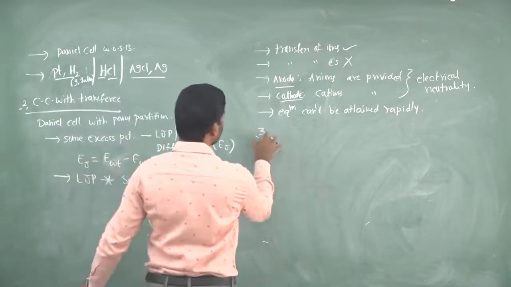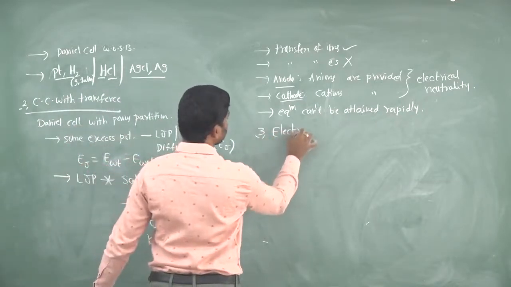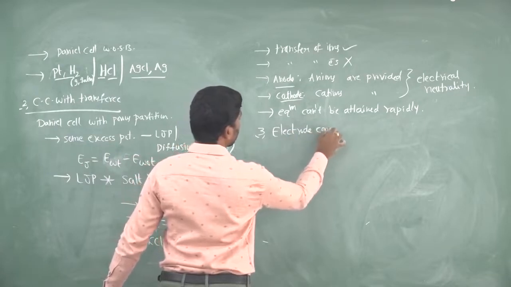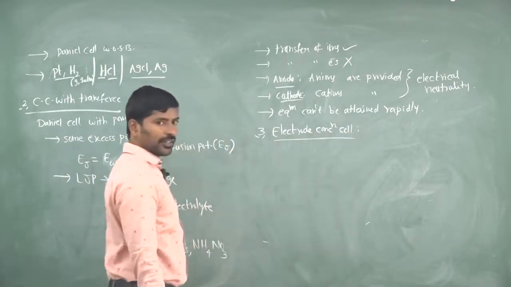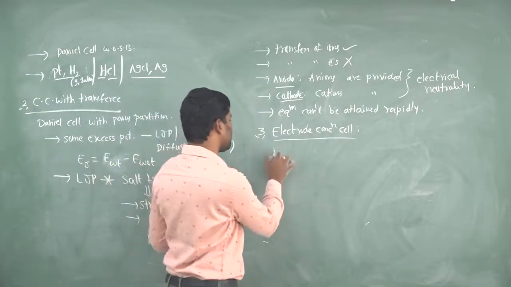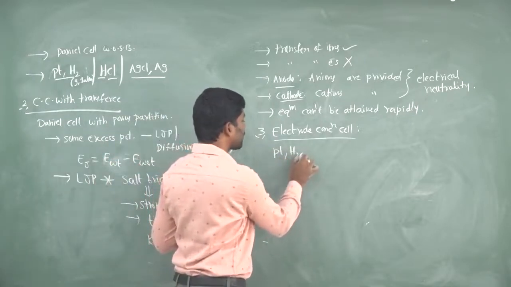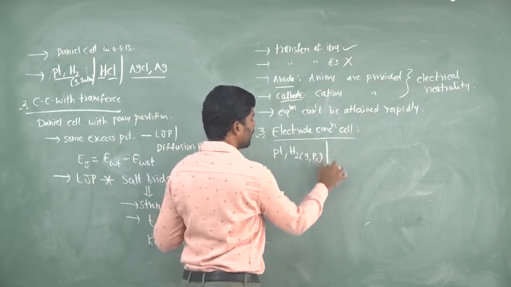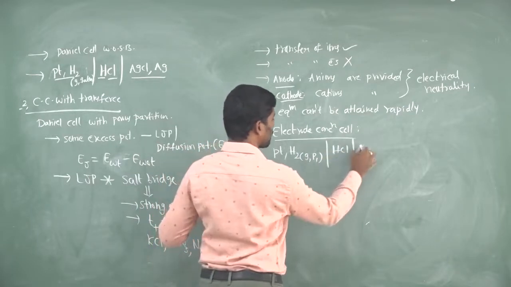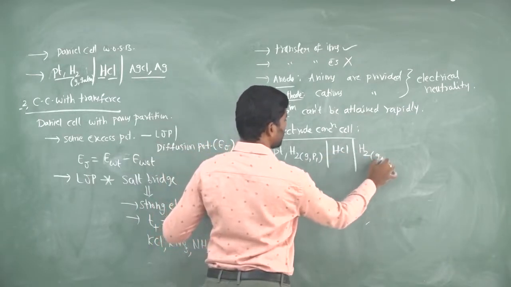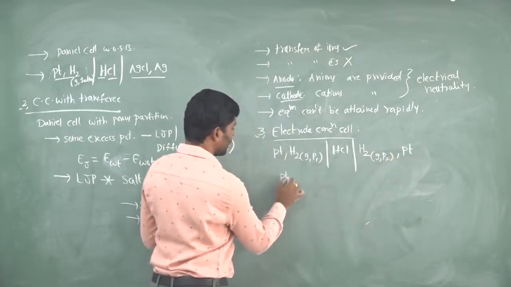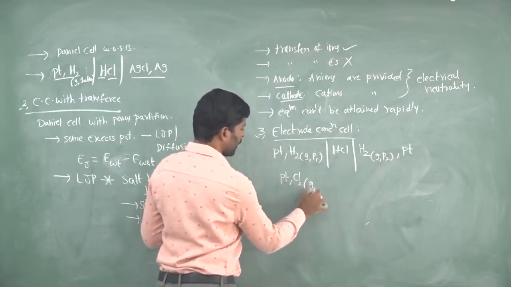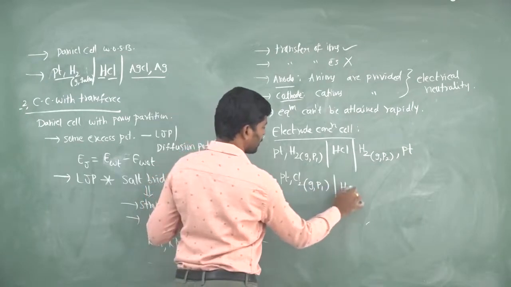Next, the third one: electrode concentration cell. We discussed 3 examples. Here the same electrode but different concentration. Electrode reversible to cation, electrode reversible to anion, we discussed.